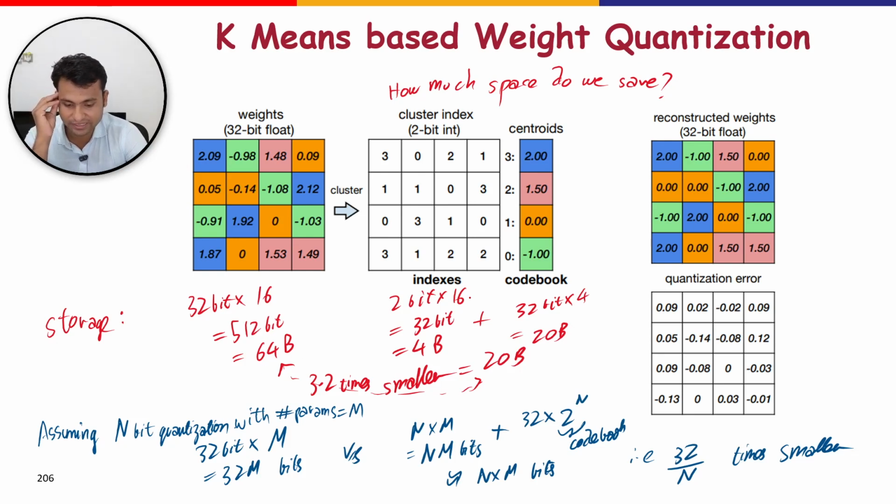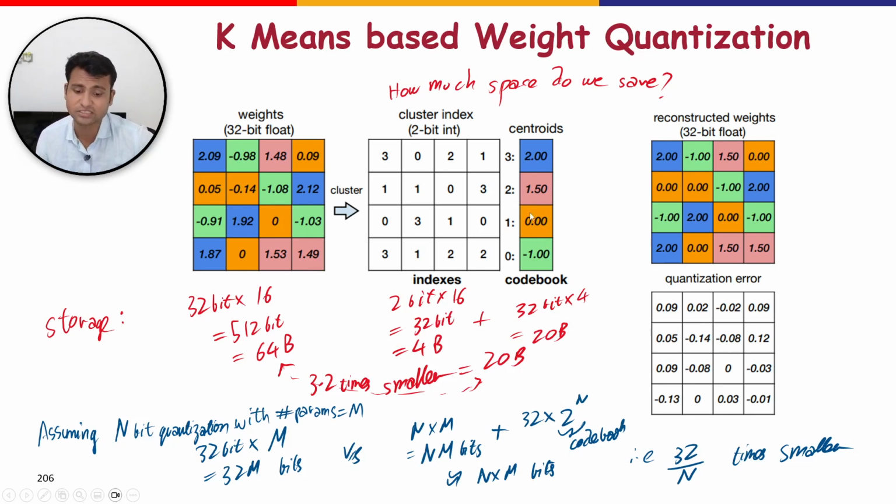Now, here 16 weights are there and each one is using 2 bits, because we have chosen 4 slots in the code book. So for representing each of 0, 1, 2, 3, we need 2 bits. So it's 2 bits into 16, which is 32 bits, which is nothing but 4 bytes.